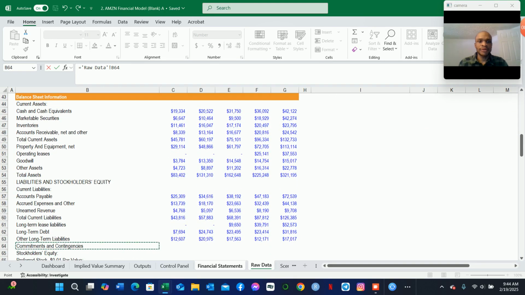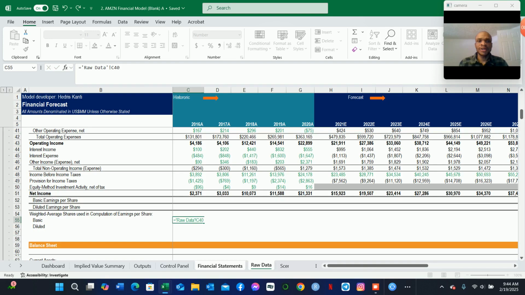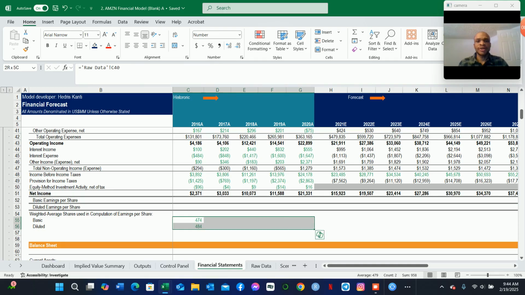Let us go down to the income statement. Let us grab the weighted average shares used in computation of earnings per share. Let us grab the basic and the diluted. Fill it down with Control D, and fill it right to the end of the historic period.